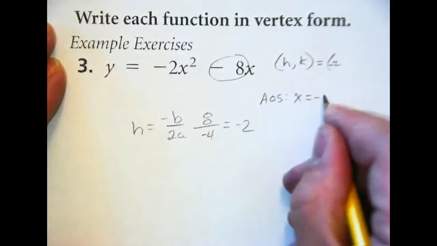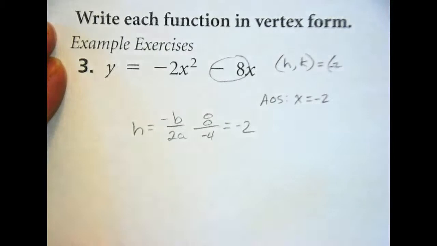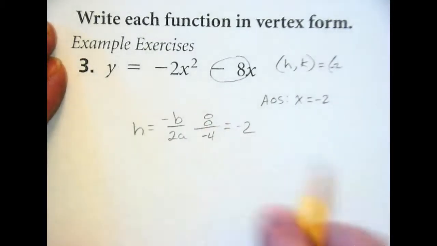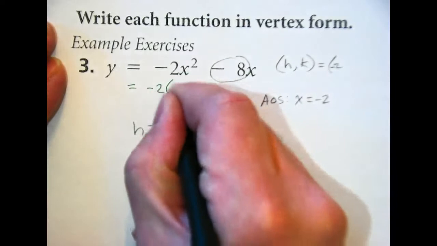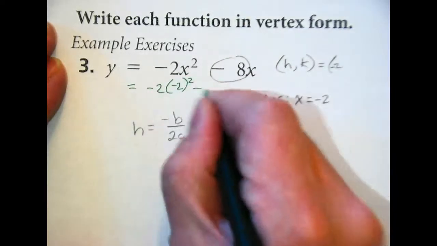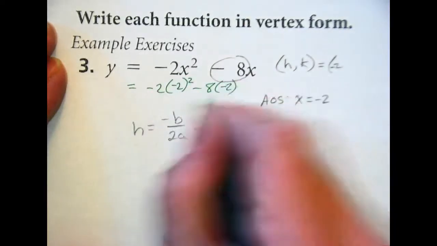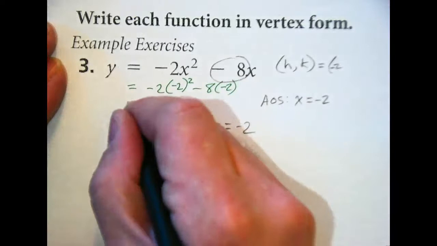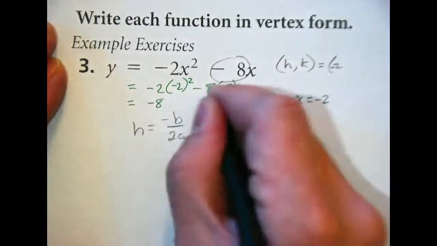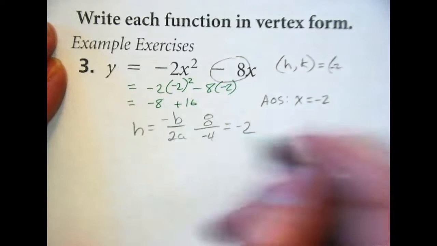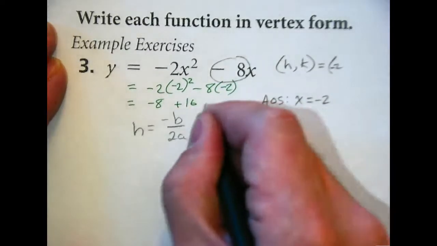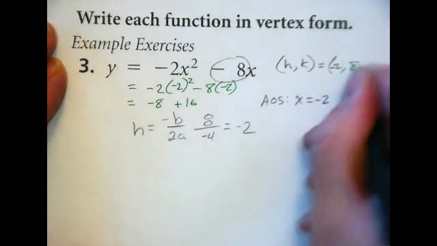And that means x equals -2 for the axis of symmetry. Our k value, when we put that h back in: -2 times -2 quantity squared minus 8 times -2 gives us 4 times -2 or -8, and this becomes plus 16, or k equals 8. Okay? K equals 8 here.